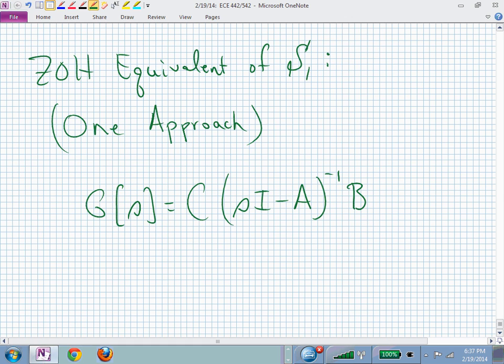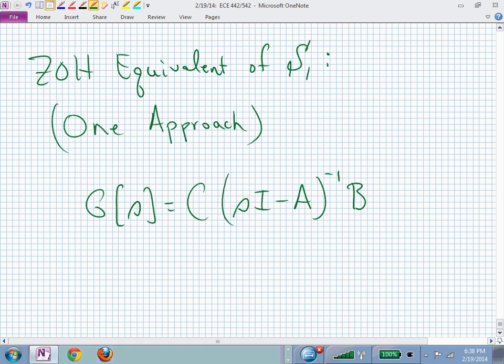And even if it's 12th order, this is going to be a scalar transfer function. What's the power of your denominator? What's the highest power of s downstairs? s to the what? 12, right? You have 12 eigenvalues, you have 12 poles.